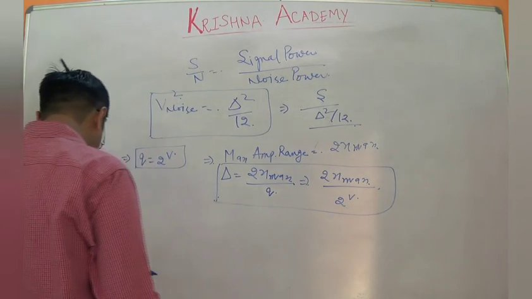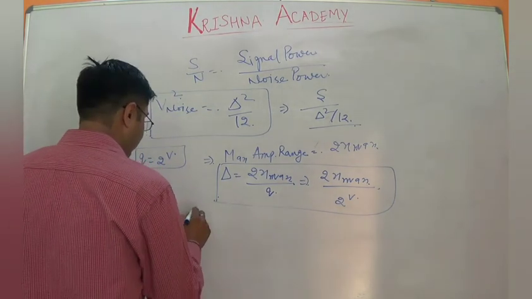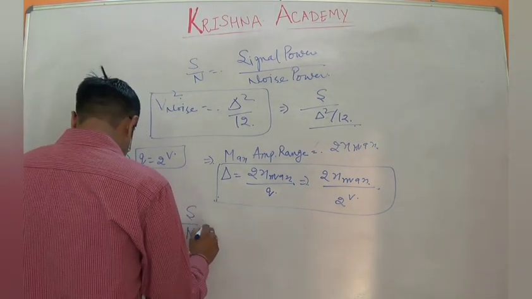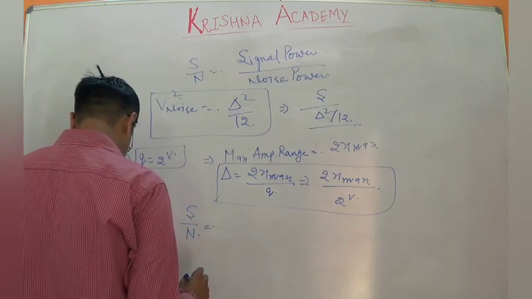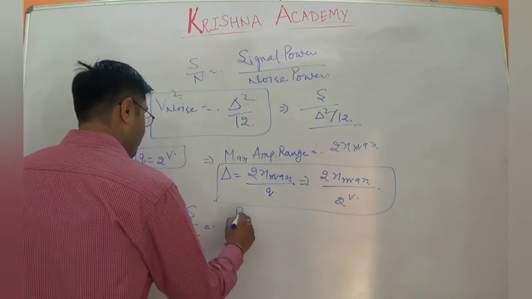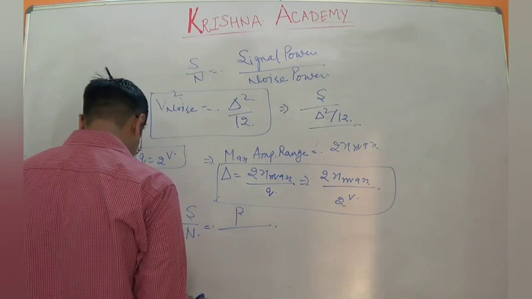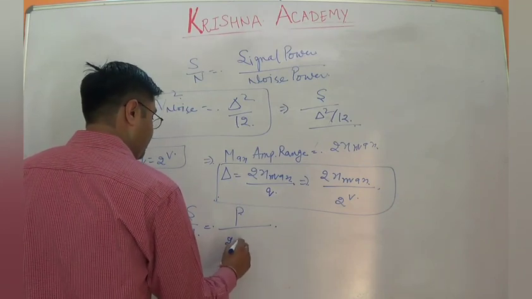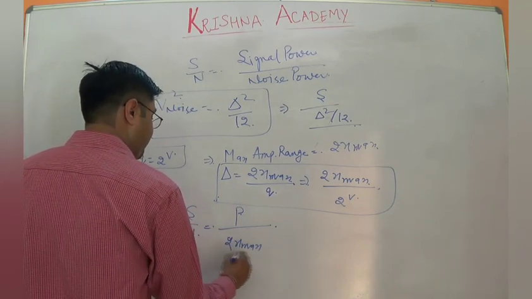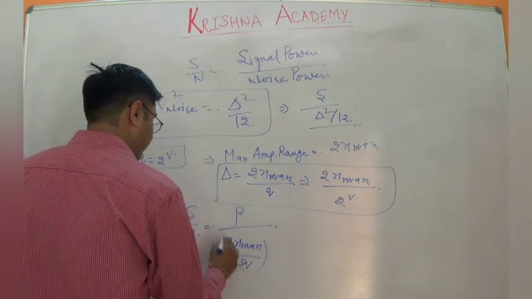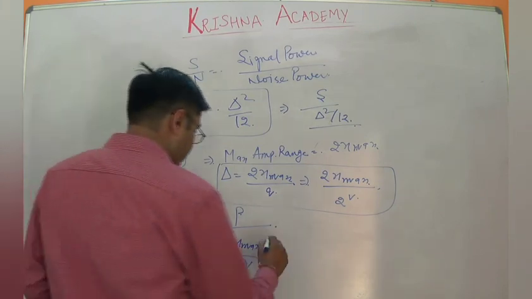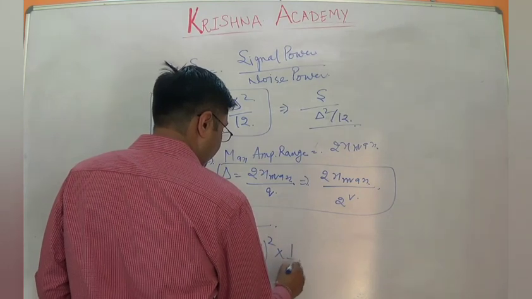So what will be the value of Sn in this particular circuit? Sn equals P upon this 2x max upon 2 to the power V, squared, into 1 by 12.